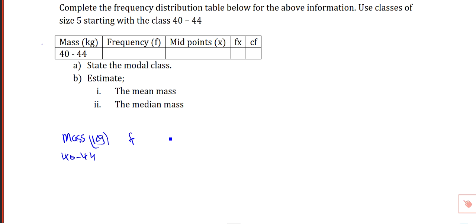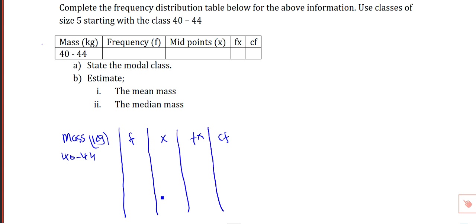We have the midpoints, usually denoted by x, and then we have fx and cf. We are going to see what these values are, and this is how our table is going to look like.